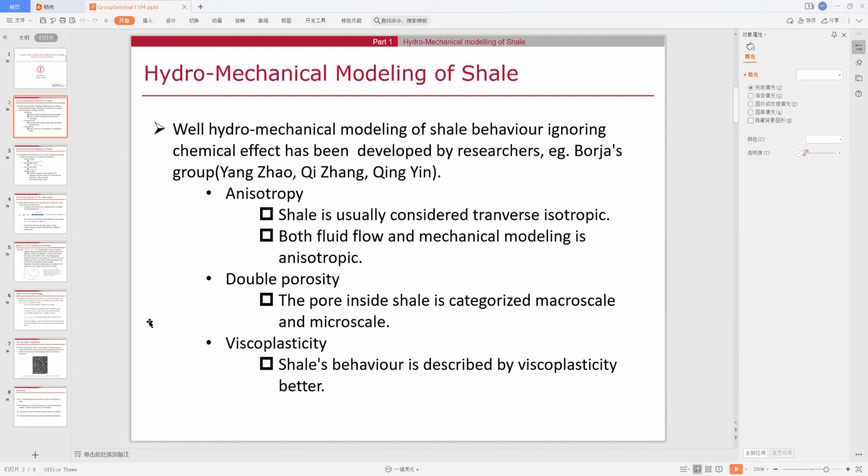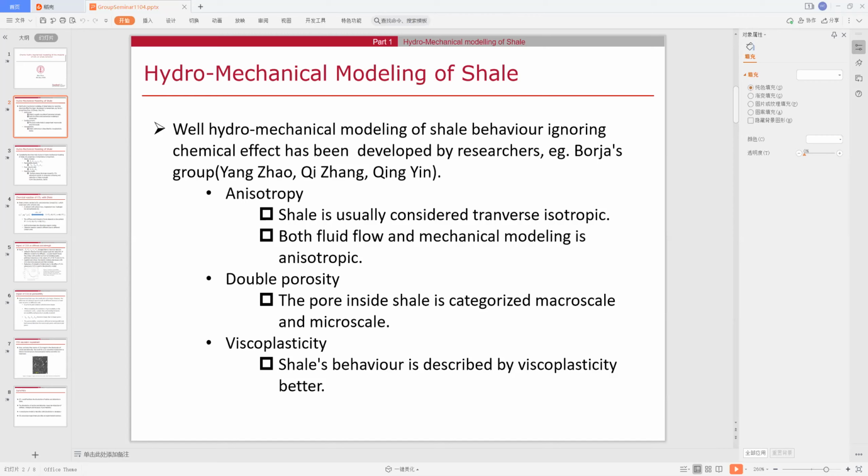Besides, there are pores of different size inside shale. We need to differentiate different pores. The popular model we use now is double porosity. The pore is categorized into different scale. Finally, we want to describe shale with viscoplasticity theory. If you are not familiar with this, don't worry. Someone later will give the presentation about the viscoplasticity theory.